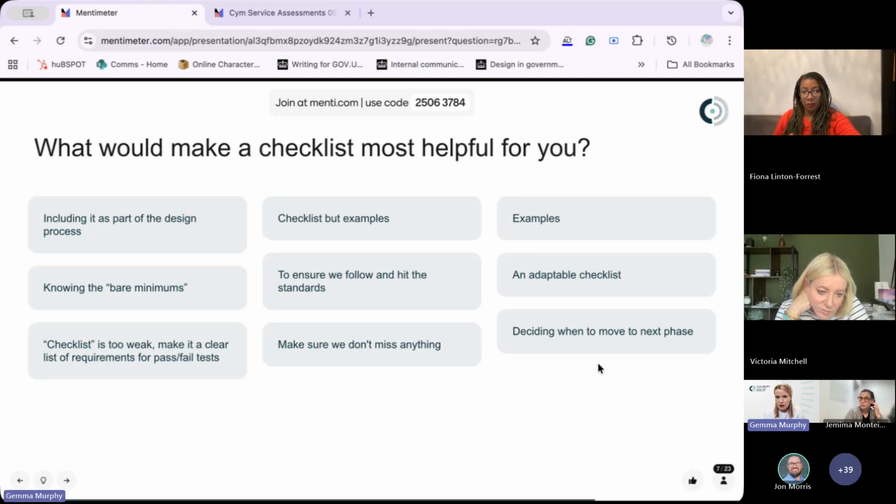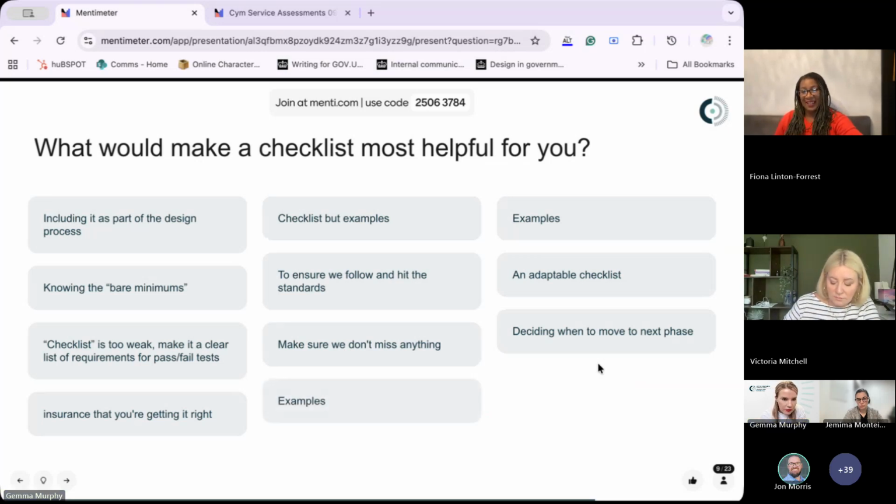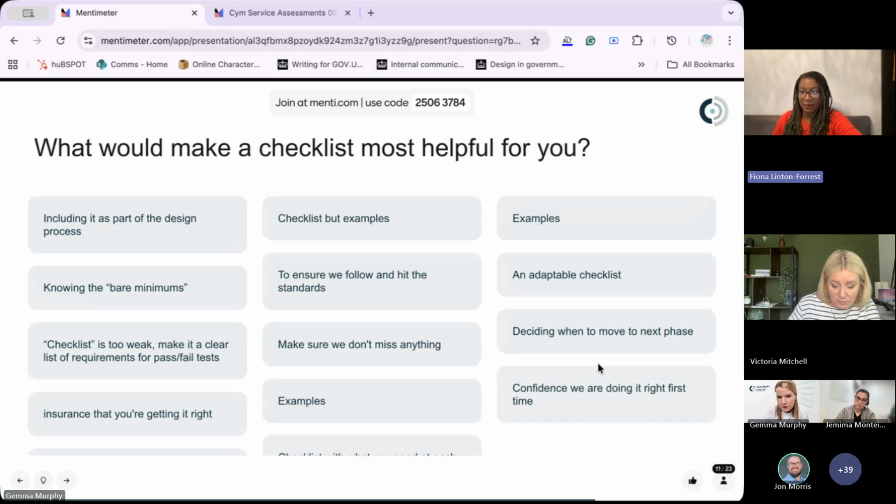What are your thoughts, Vic and Fiona? Any? Okay. Adaptable examples. Knowing the bare minimum. I'm interested in an adaptable checklist.